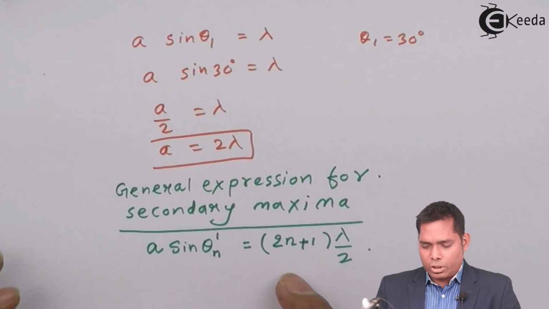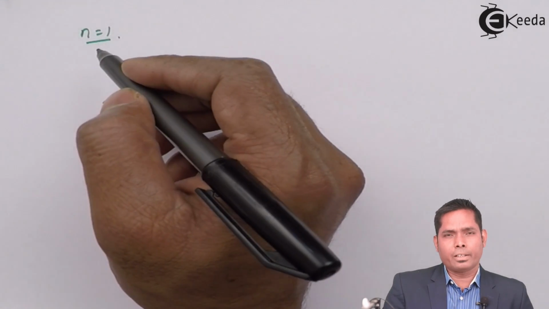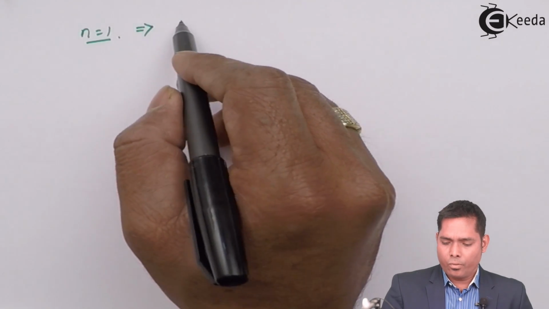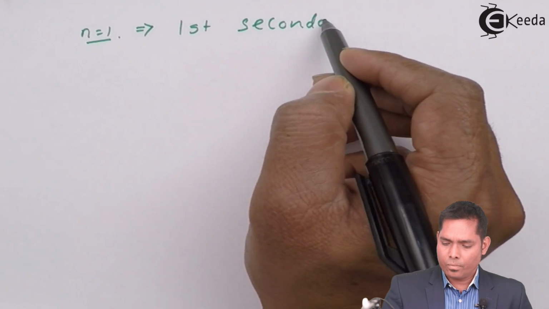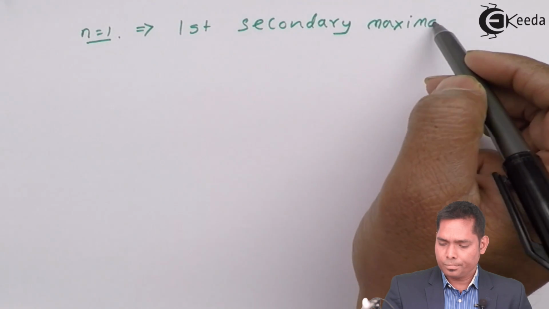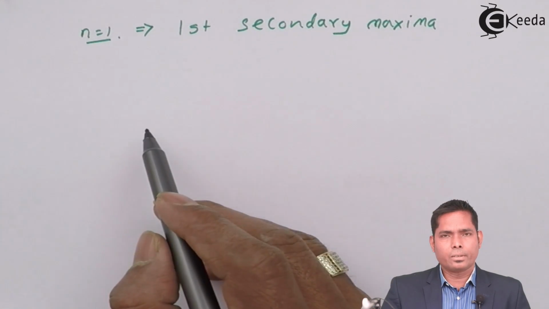In this expression, if I put n is 1, then n is 1 implies the first secondary maxima.